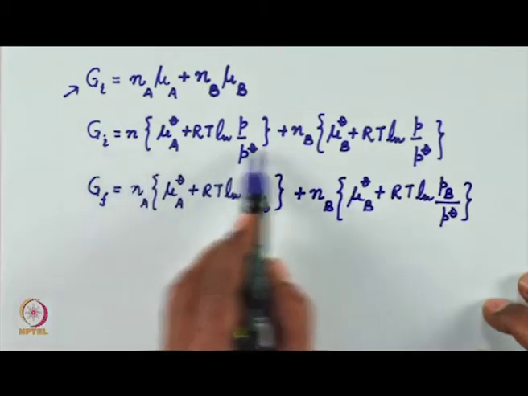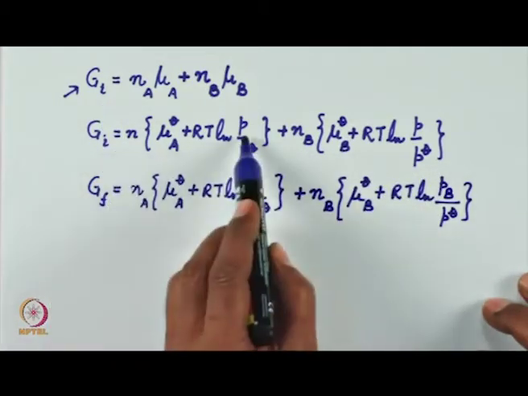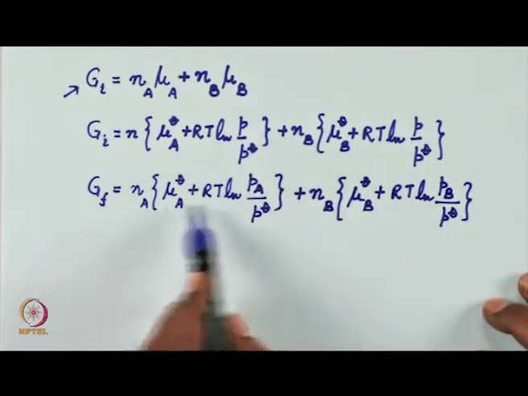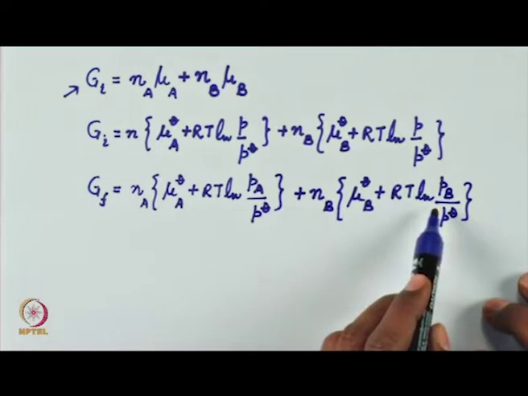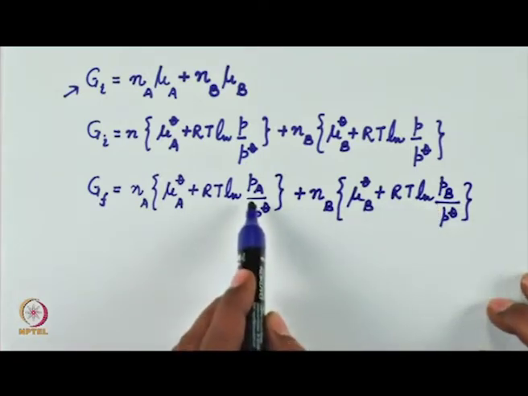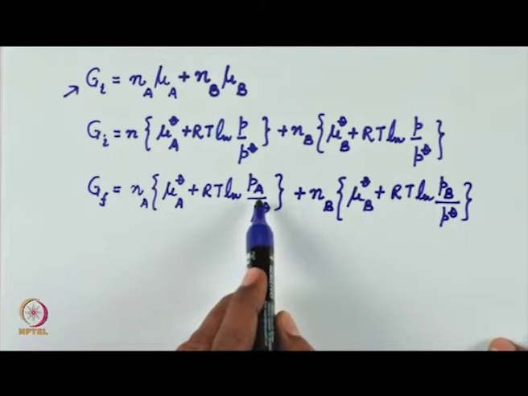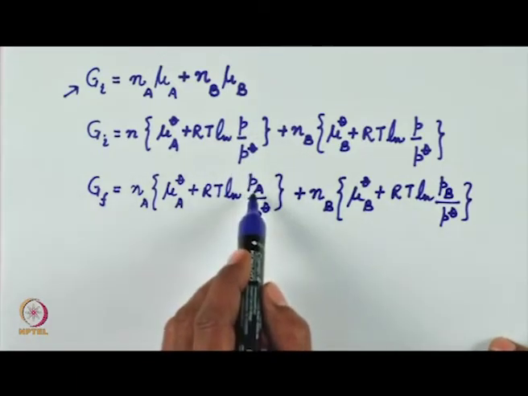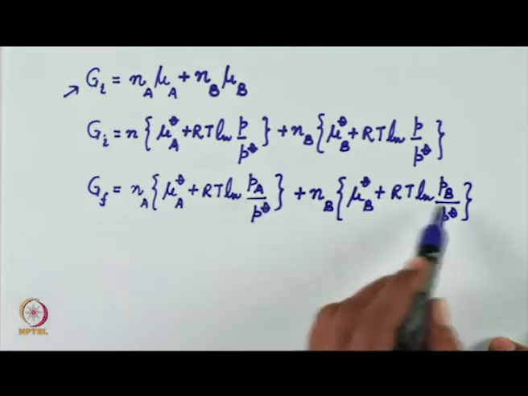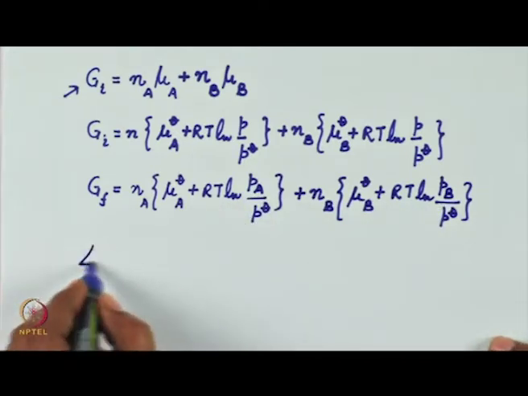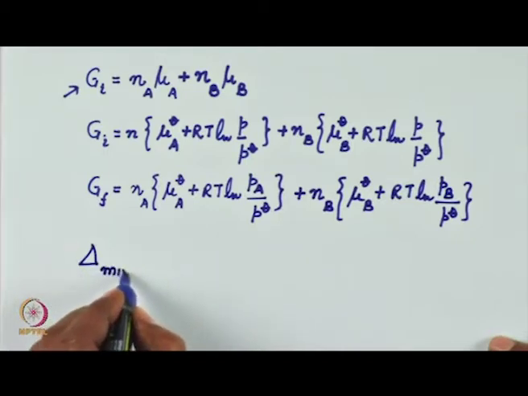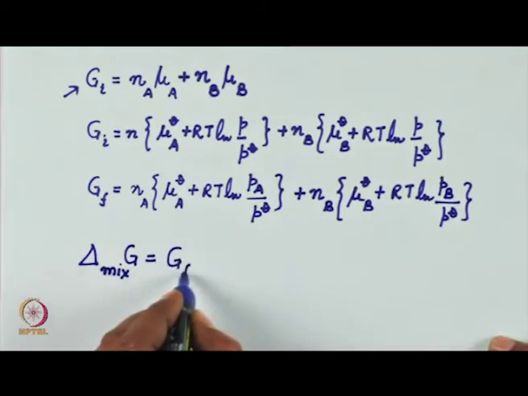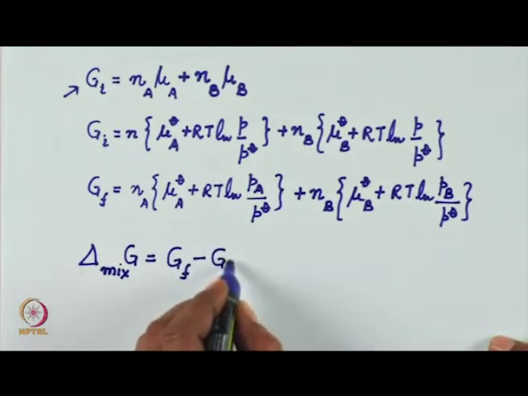When the partition was not removed, the pressure on both sides was P. When the partition is removed, although the total pressure remains P, each gas will exert its own partial pressure in the mixture. So, instead of P here in final after mixing, it will be partial pressure, and free energy of mixing will be equal to G final minus G initial.